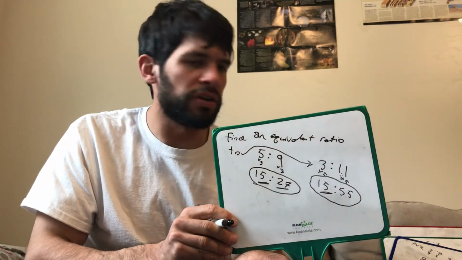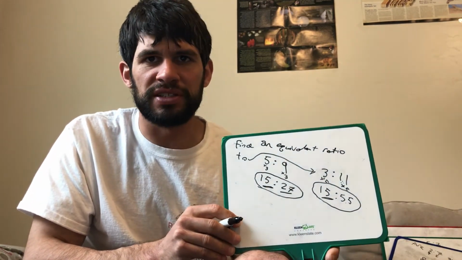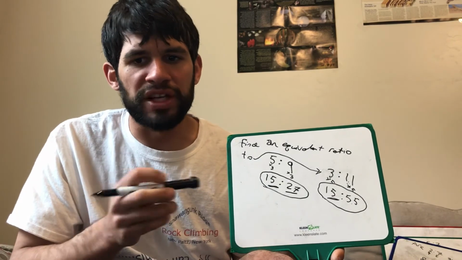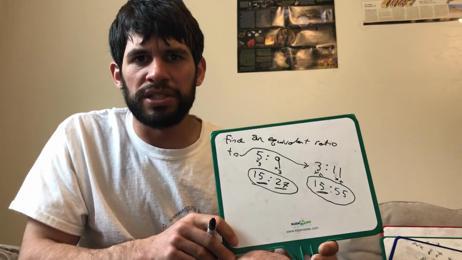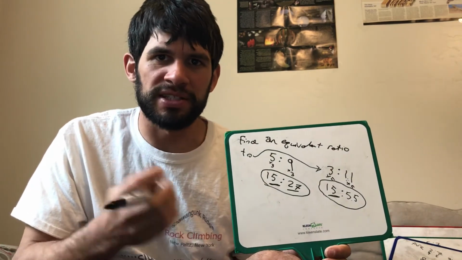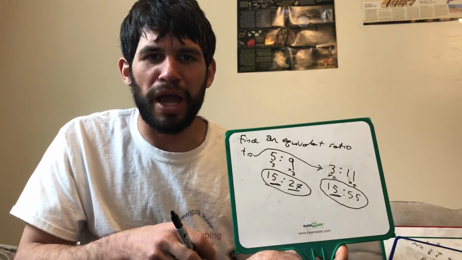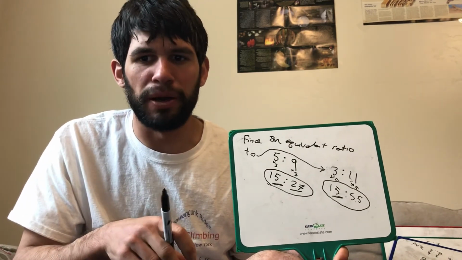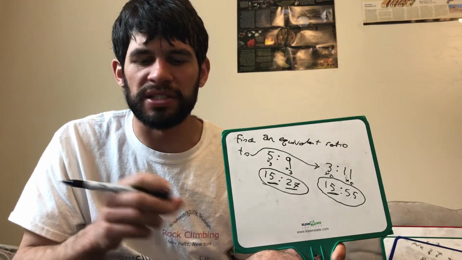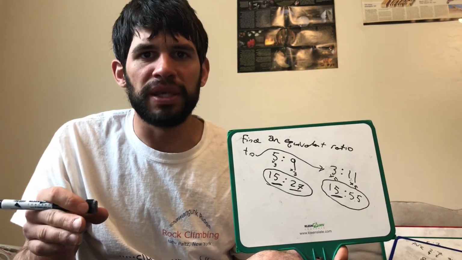Before we conclude, I just want to briefly discuss why equivalent ratios are useful to us. One situation in which I've used these, which relates to this class, is when I bake cookies for this class. The recipe is for a certain number of people.